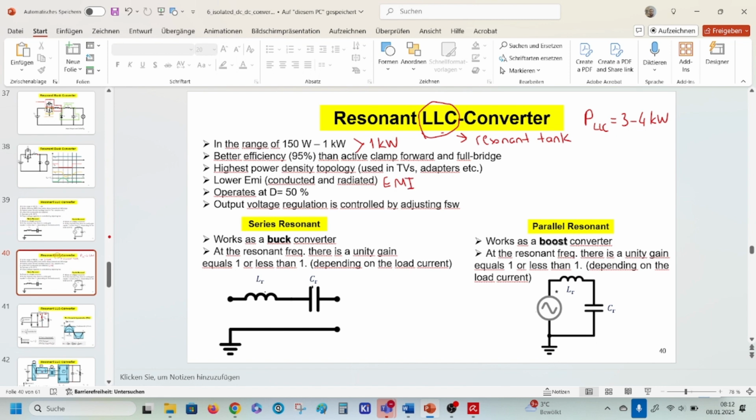EMI consists of conducted and radiated parts. The conducted part is actually easy to solve. This problem is solved more easily than the radiated one.